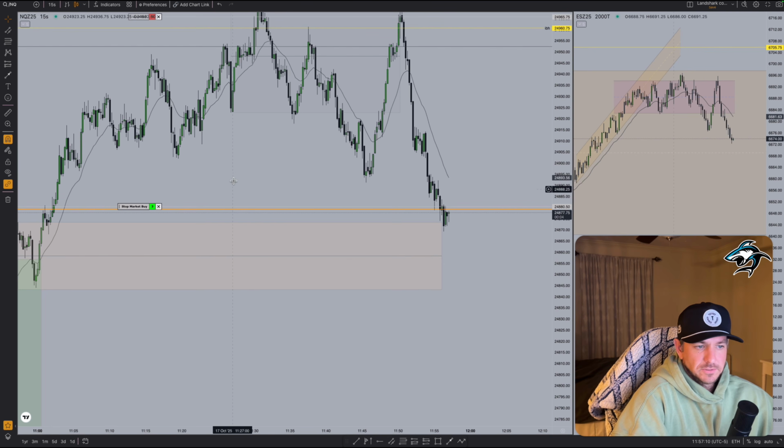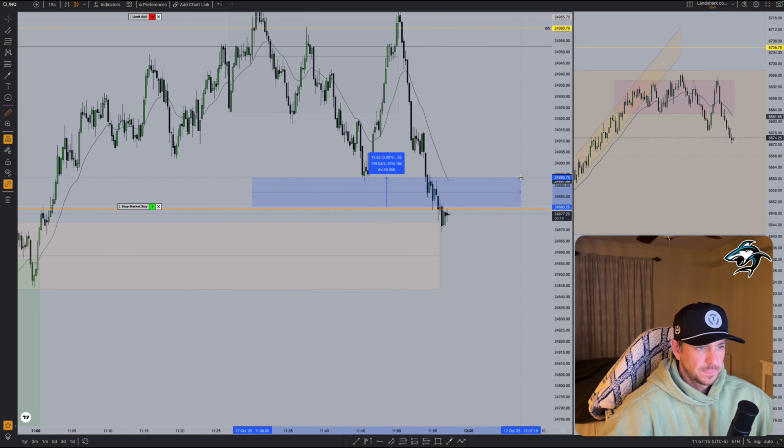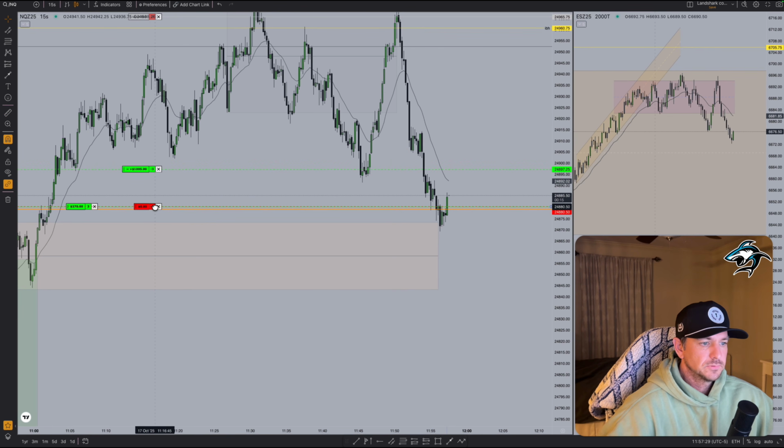I'm looking for about 15 points, so we would be looking for something like this. Got a retest of 24,900. Like I said, I'll be moving to break even pretty quick. Just giving it a chance to pop down a little bit. Create a little wick right there.